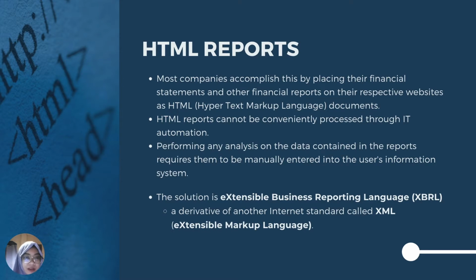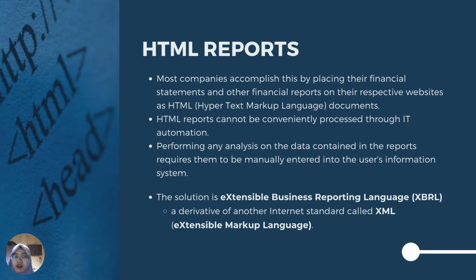However, HTML reports cannot be conveniently processed through IT automation. Performing any analysis on the data contained in the reports requires them to be manually entered into the user's information system. So in other words, HTML is like a code that is used for making a web page and its content.